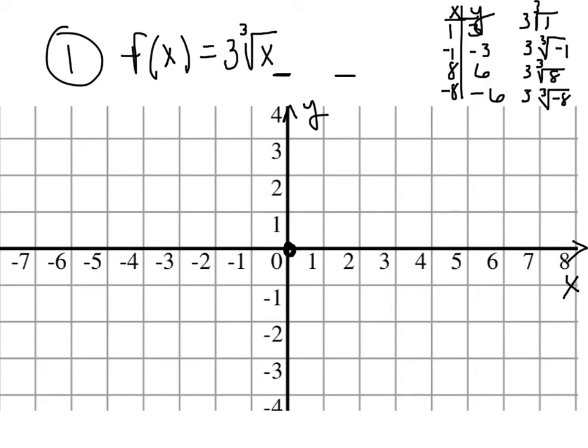So if I graph these, 1, 3, negative 1, negative 3, and 8, 6, I am out of room. It's going to be approximately, I'm going to use a blue dot, like up here, and the other one's going to be down farther. So your graph is going to look something like this.